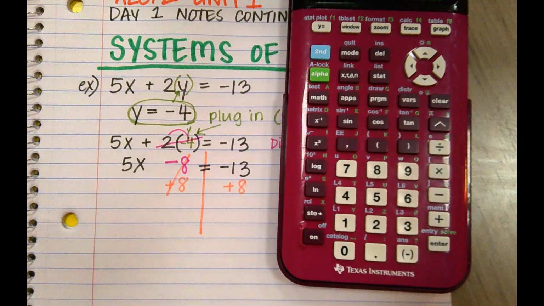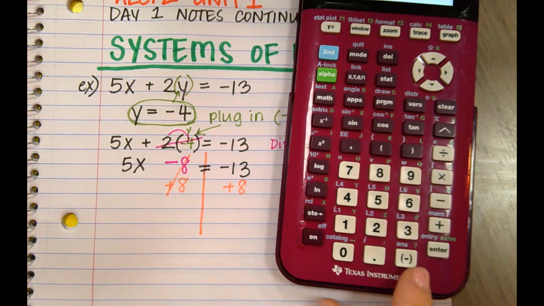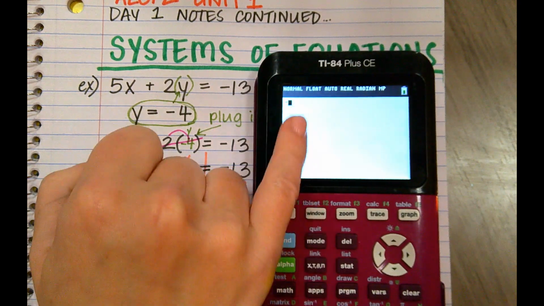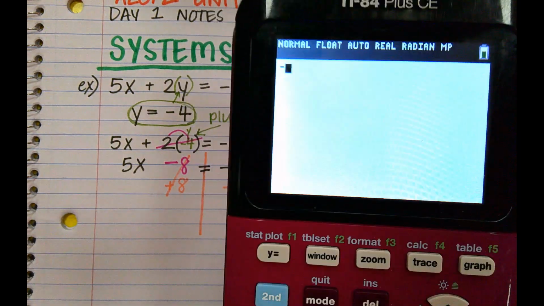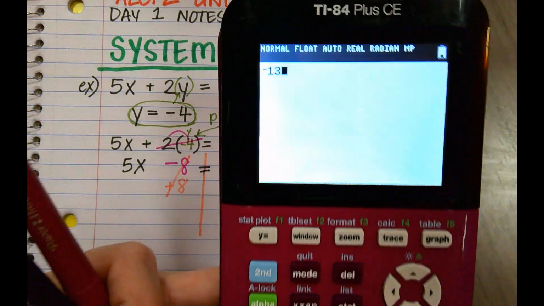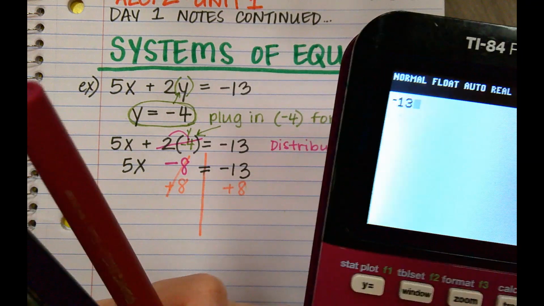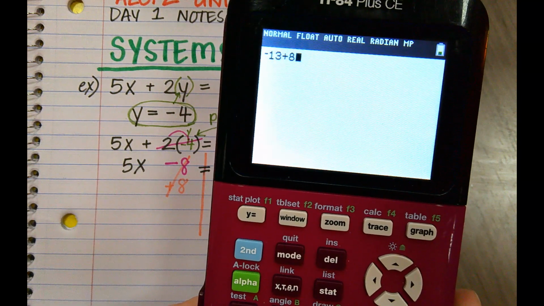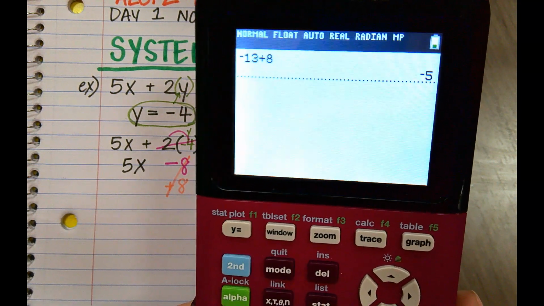But at the bottom of that yellow calculator, this minus with parentheses, you're going to push that. And now I have, you can't even see it, but there is a negative on my calculator. So then I'll type 13. -13 plus 8 equals -5.